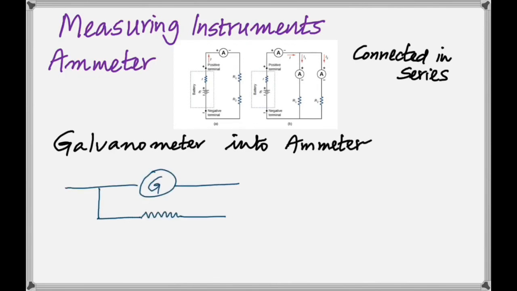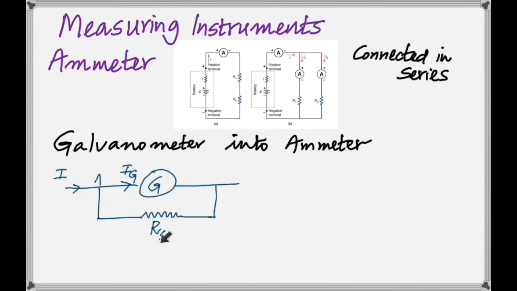So that's a galvanometer. The resistance of the galvanometer is G ohms. And then you have a very small resistance connected, which I should have called RP because it's in parallel, right? I may or I may not change it, I don't know.